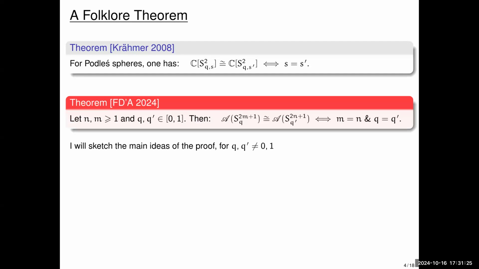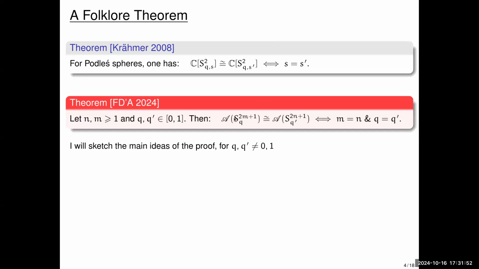When I was looking for a proof of this fact, that was the only paper I could find, and I still believe there is nothing else in the literature, but if you find something, please tell me. So I decided to write down the proof of this theorem for odd dimensional spheres. You take any two integers n and m greater or equal than 1, any two deformation parameters q and q prime in [0,1], including 0 and 1.